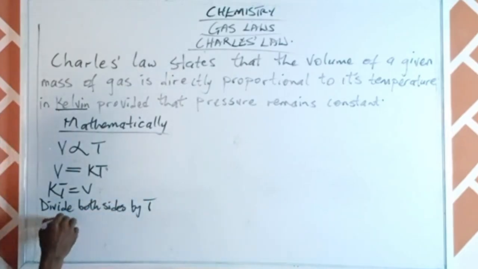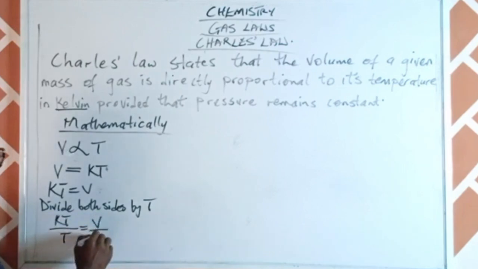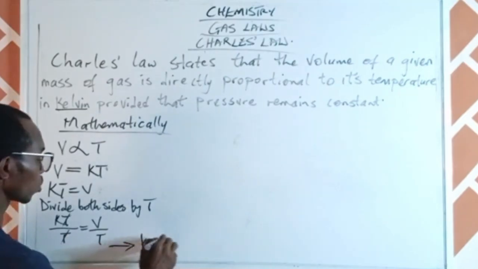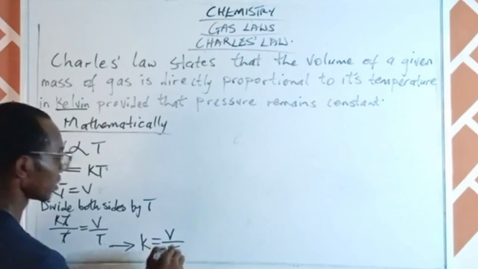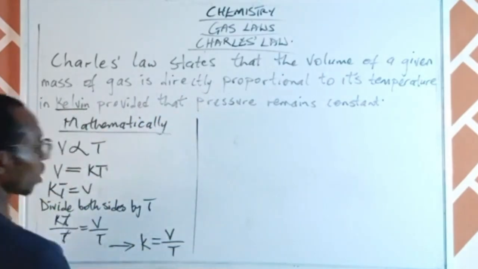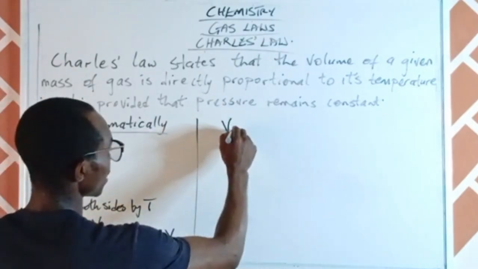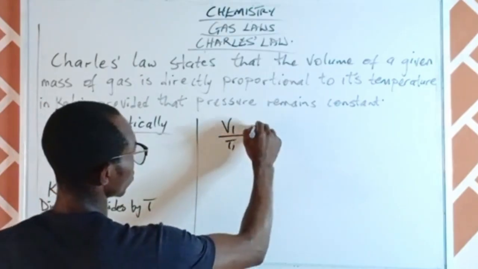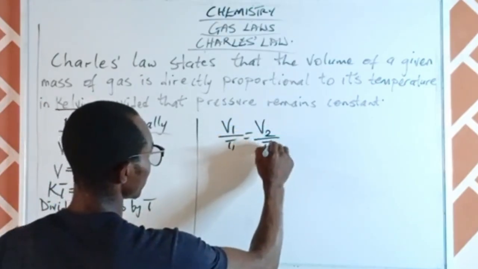So I'll be having KT divided by T equals V over T. When T cancels T, the resultant will look like this: K equals V over T. Eventually, what we'll be having is V1 over T1, and it could also give us V2 over T2.